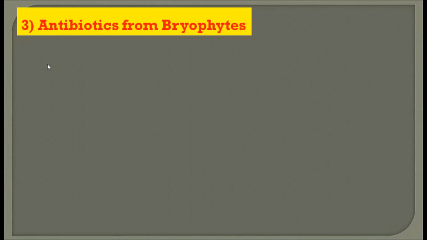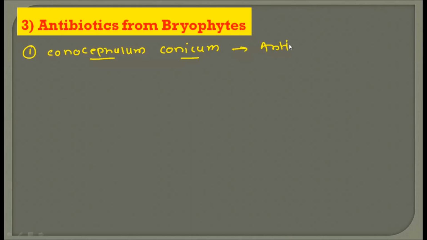The next application of the bryophytes is their antibiotics. There are some species of the bryophytes which are antibiotically active species, namely Conocephalum conicum. This species of the bryophyte is considered to be antibiotically active.